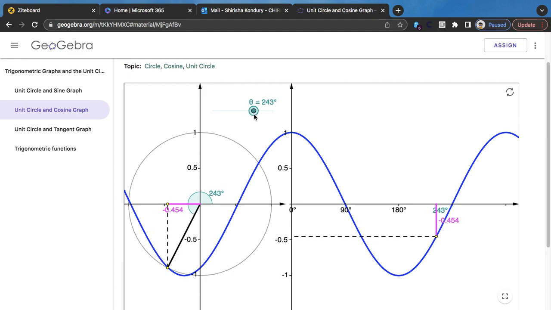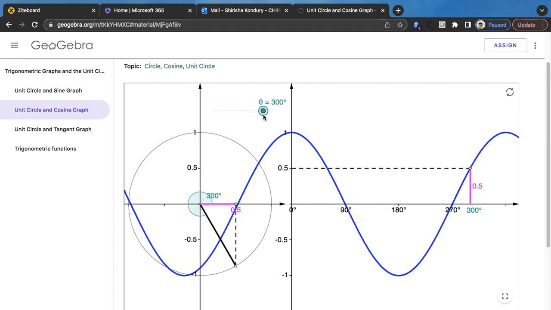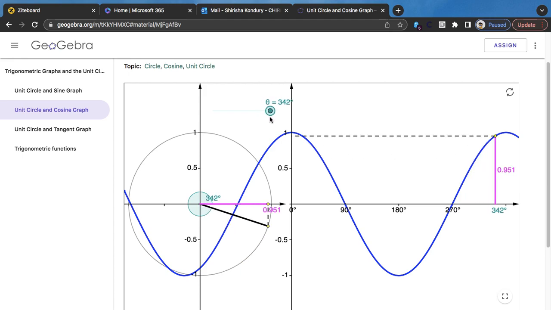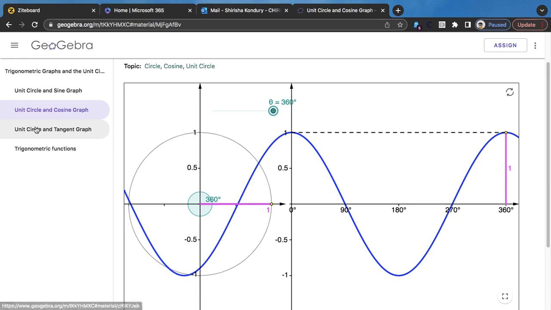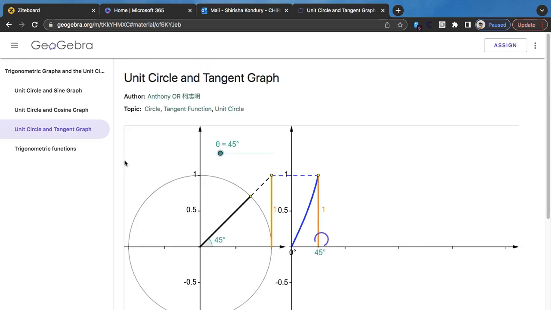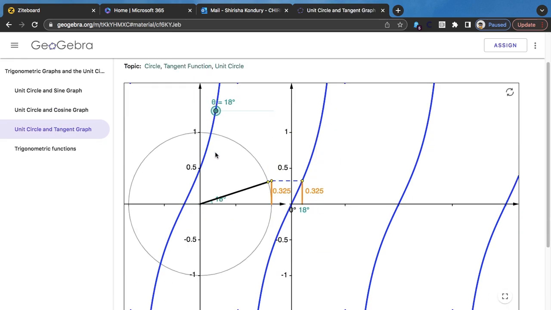Again, the third quadrant, and then the fourth quadrant. And once it reaches 360, it will repeat. Correct? Similarly, tan. Tan is opposite upon adjacent. Look at the tan value. When angle increases, sine increases, numerator increases, denominator decreases.